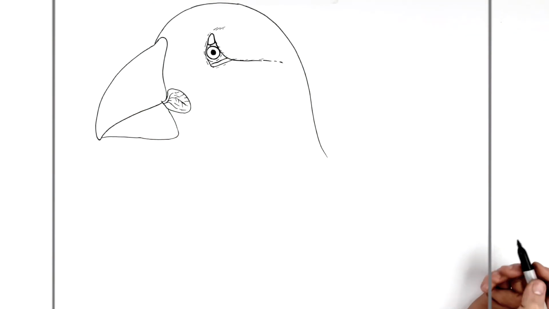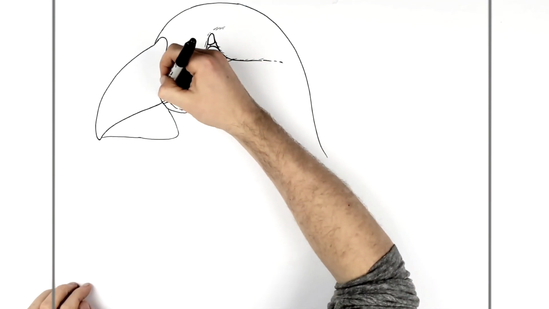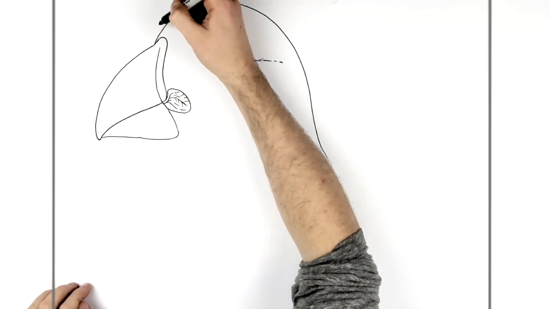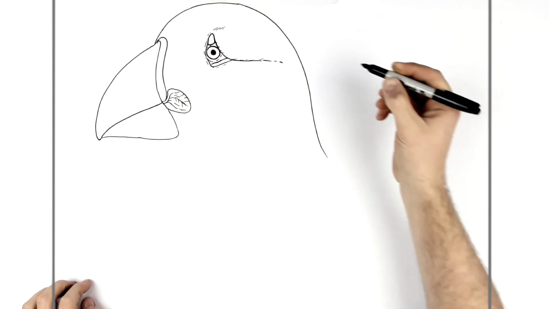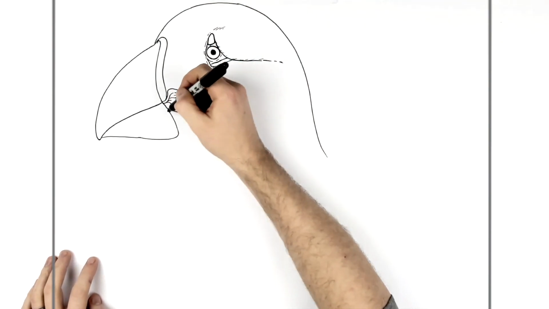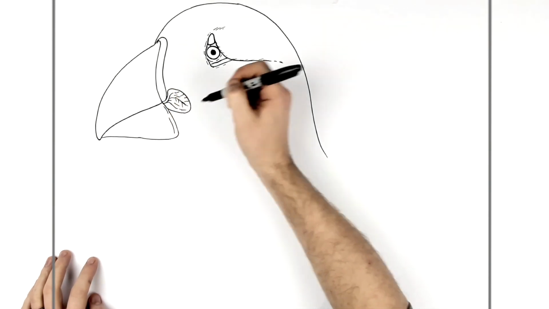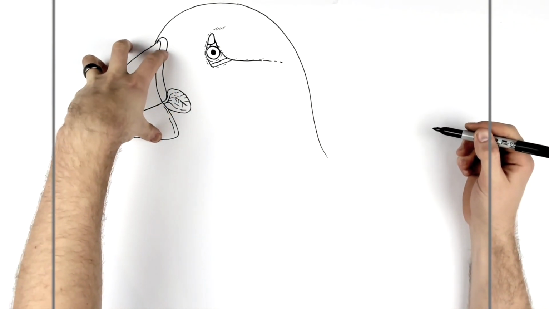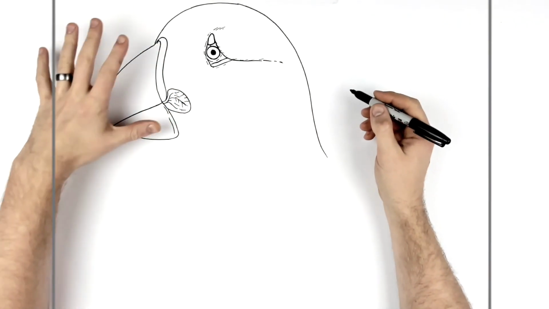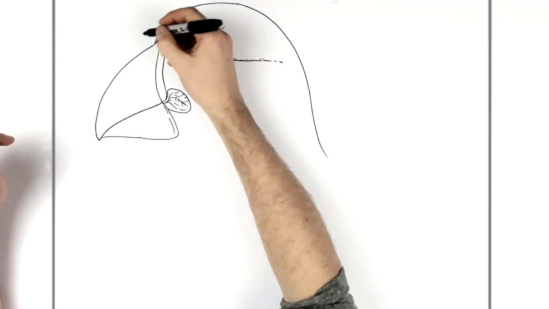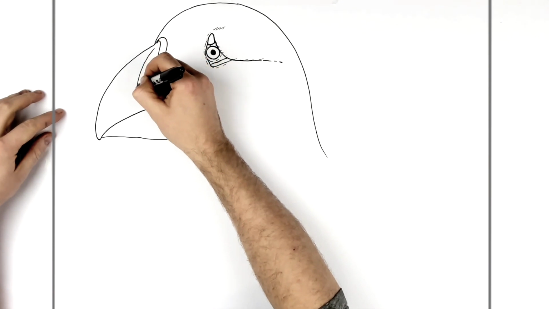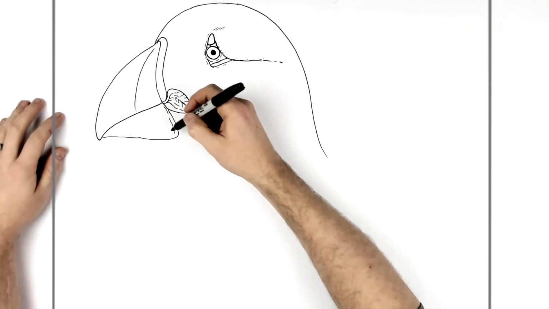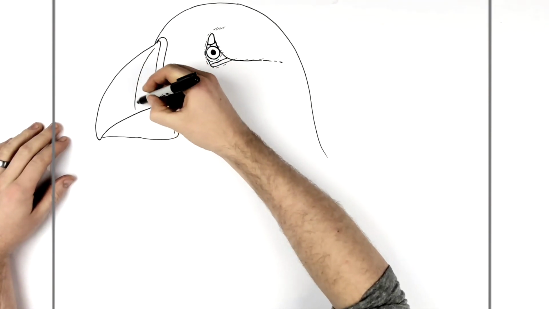Then we have a piece of pale beak skin here. It goes around like that, and then another line there. He has these black and orange patterns on the beak, all these bumps and stuff. So say one there, and this is dark grey.